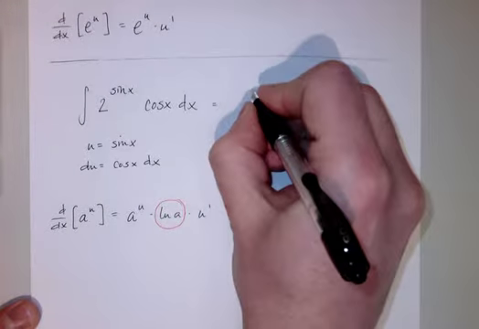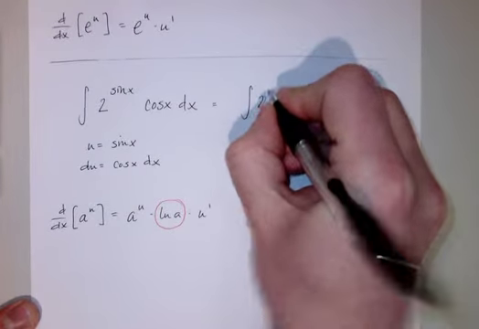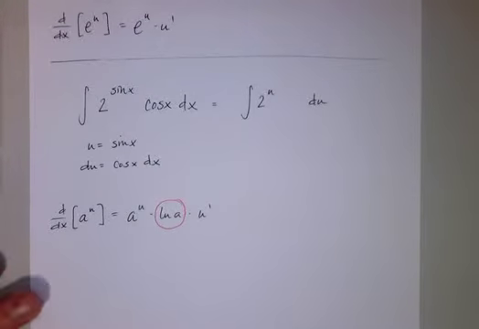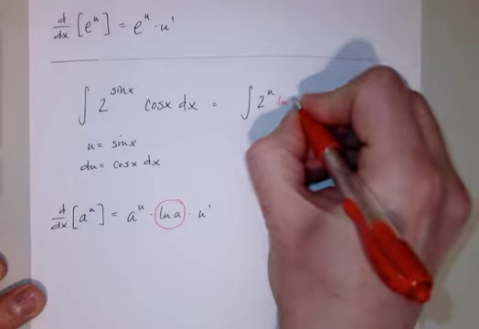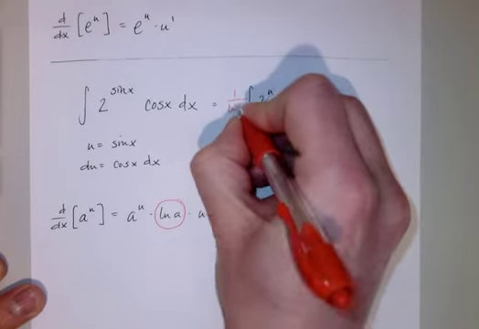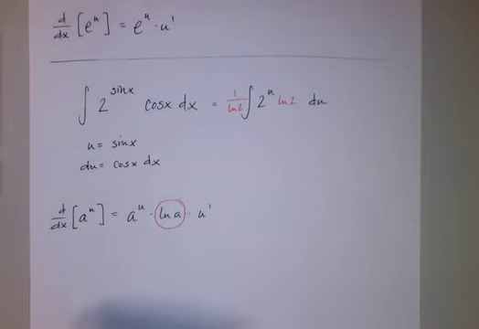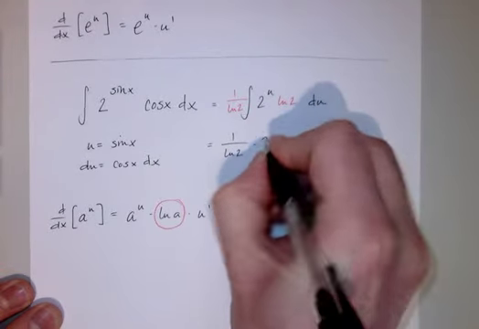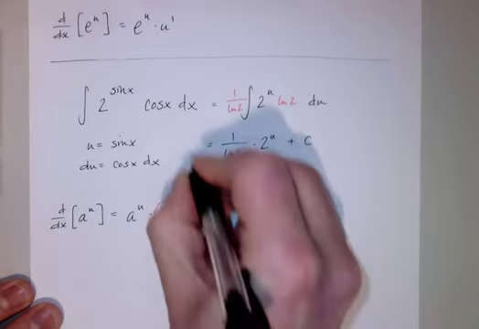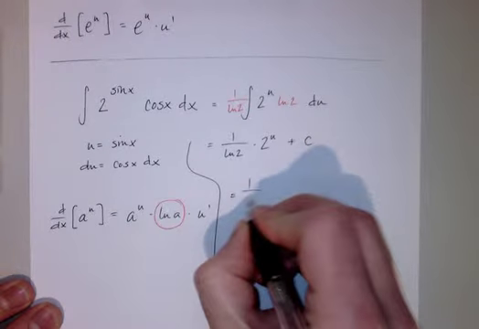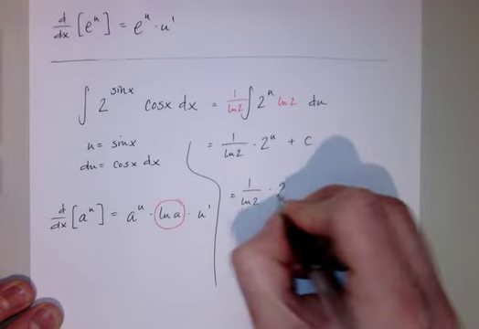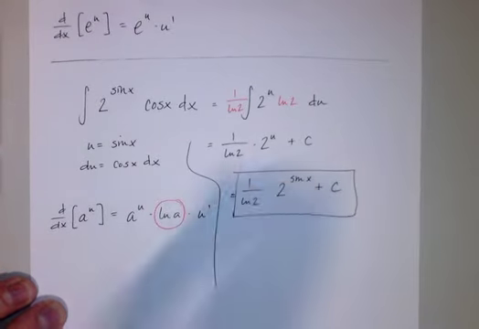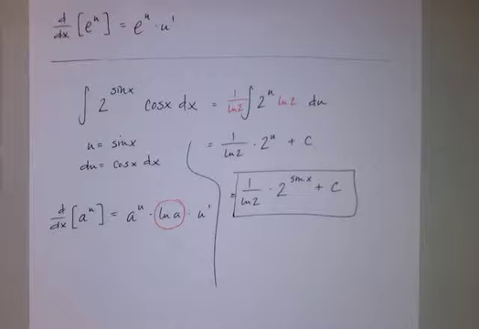But when I get to here and I recognize that it's 2 to the u du, I also am going to need natural log 2, which means I need to divide by natural log 2, such that when I integrate, I get 1 over natural log 2 times 2 to the u plus c, or 1 over natural log 2 times 2 to the sine x plus c. And that, right there, is your integral.